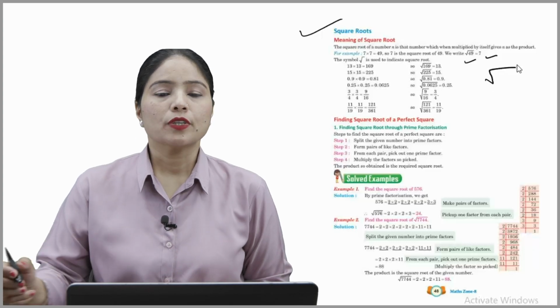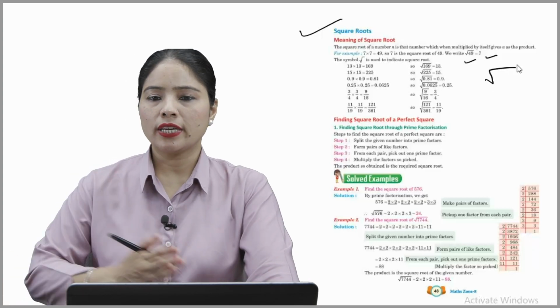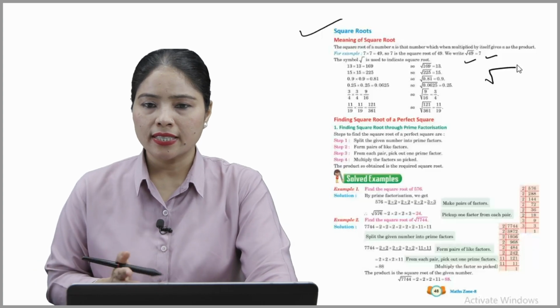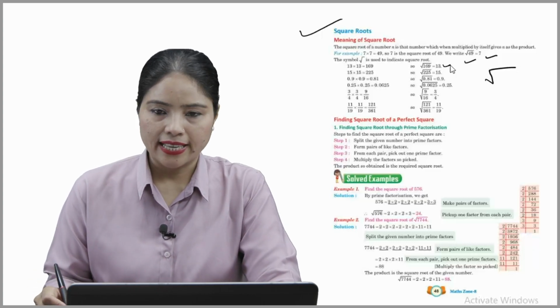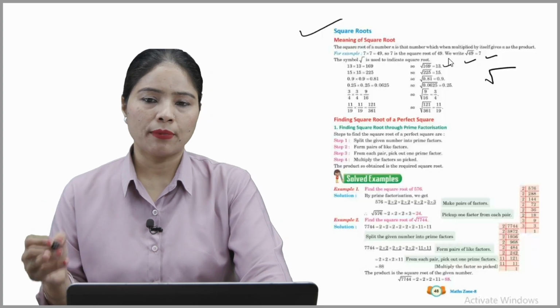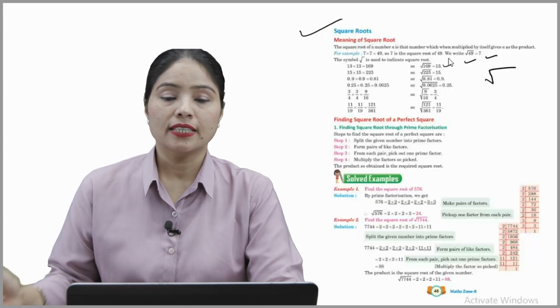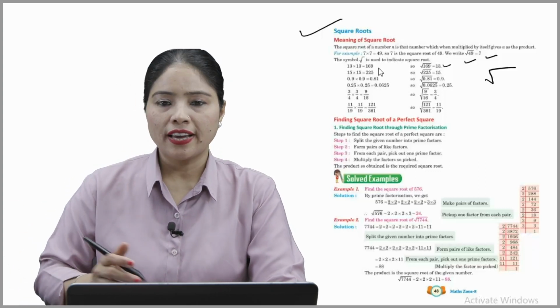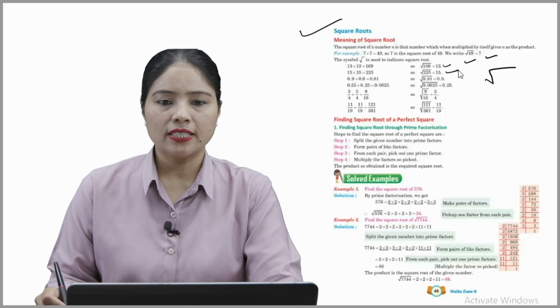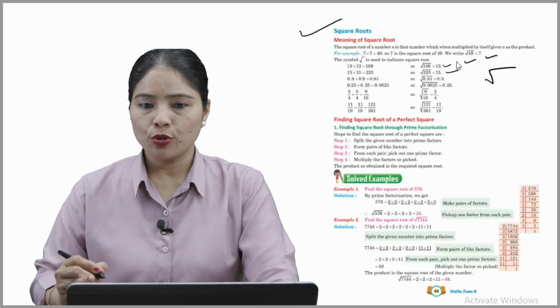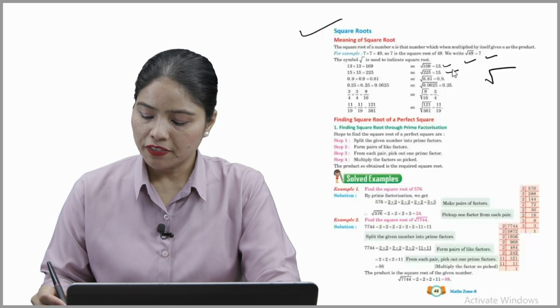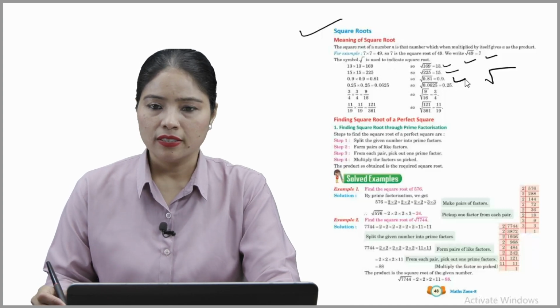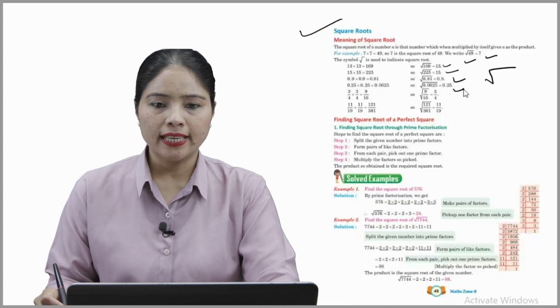So 13 into 13, multiplying 13 with 13 gives 169. So we just write it like that: the square root of 169 is 13. 15 into 15 is 225, like that way we just write it. 0.9 into 0.9 is 0.81, we just write it like that way. And with this we will write it like this.